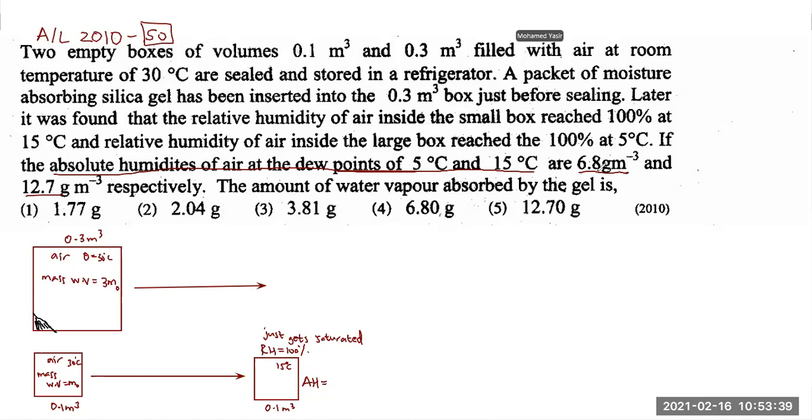So for 5 it is 6.8, for 15 it is 12.7. So AH has to be 12.7 gram per meter cube. Why did I use this value? It has become saturated. The saturated absolute humidity at 15 degrees Celsius is 12.7. So this will be that absolute humidity. What will be the mass of water vapor inside this?